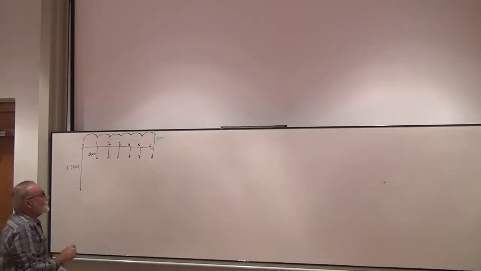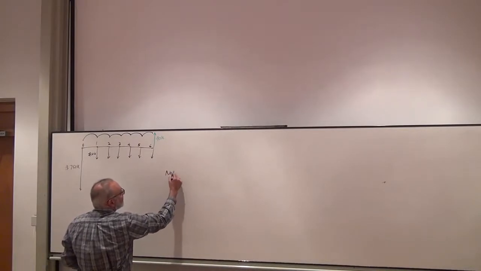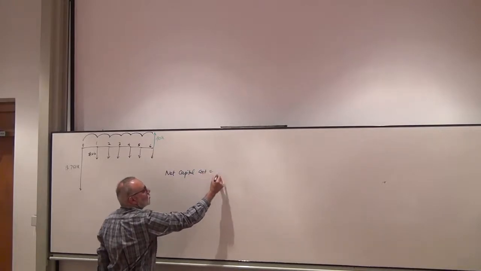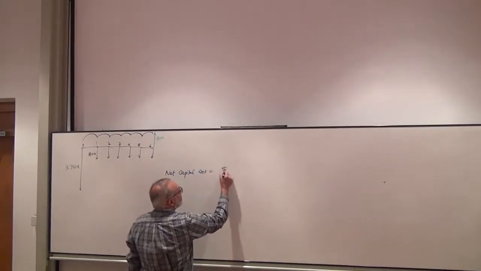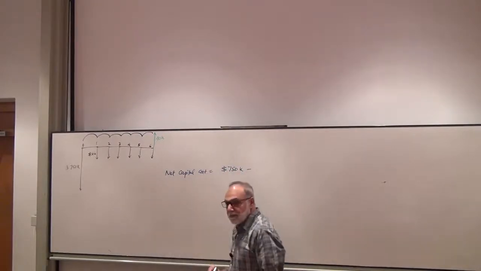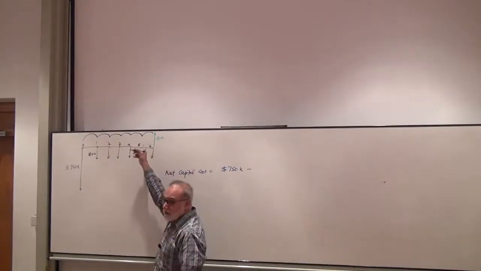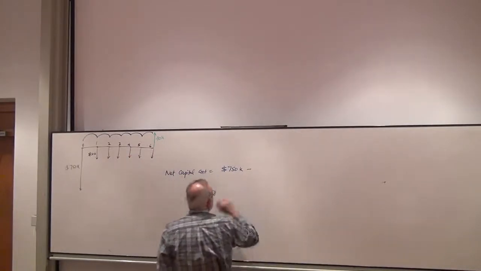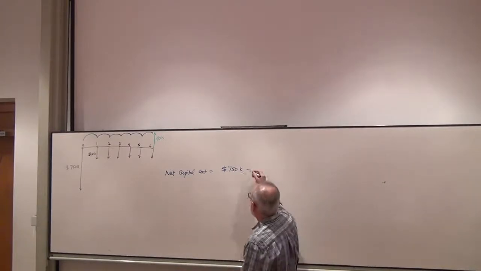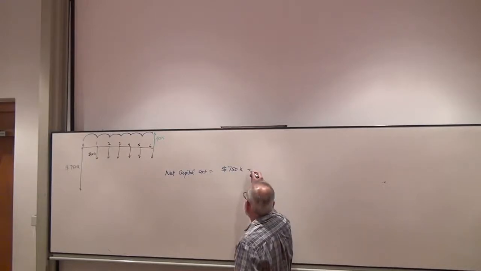Okay, so we have the salvage value. We can call it the net capital cost, which is equal to $750K minus salvage value. Salvage value is positive here, so we subtract it. We can work with the cost as positive, and benefits such as salvage value given as negative.